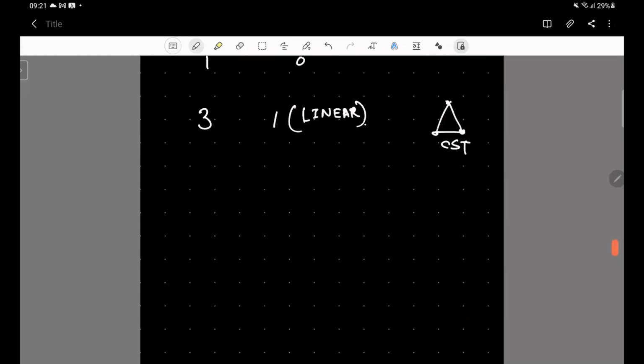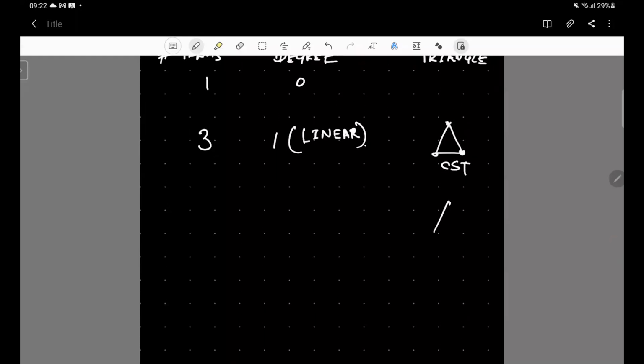The problem gets slightly complicated when we increase the number of degrees of freedom. In the LST element, we considered a quadratic function, so the degree is 2.